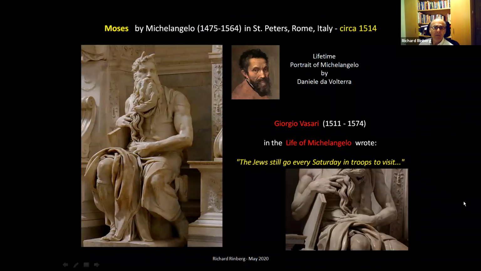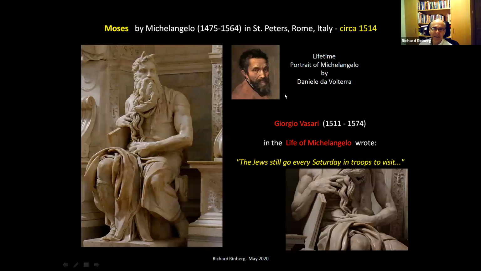And now we've got Michelangelo, again, in the Vatican, in St. Peter's. Michelangelo's Moses. Interestingly, here's a portrait of Michelangelo, and the more time I've spent looking at his portrait and Moses, it seems to me, and I haven't read this anywhere, but it seems just to me clear that he looked in the mirror to model his Moses, that it's modeled on himself.